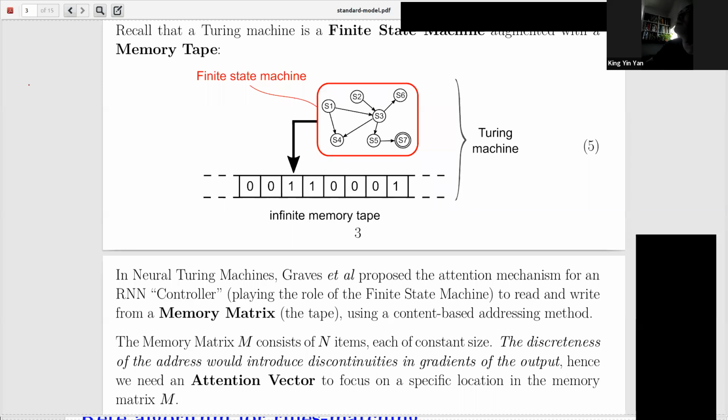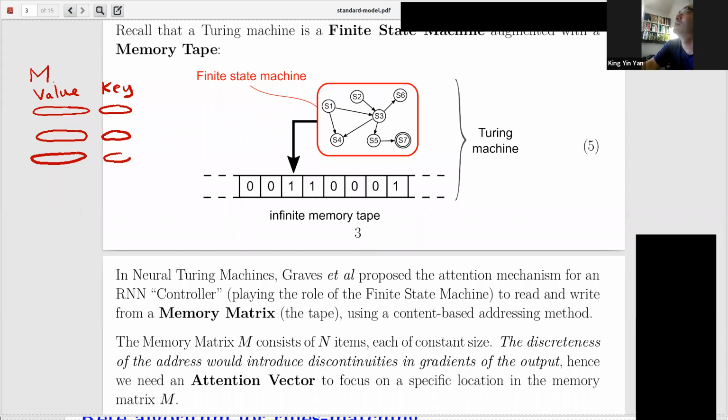So now maybe I draw the memory matrix. Now this is the memory matrix, and this has something here, and then the key. This is the key and the value, right? And now there is another key, another value, right? Many of these. And what I have is a query.